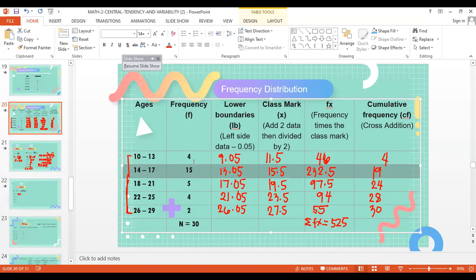So, unsa man to ang number nga before pa sa modal class na to sa lower boundary mo ang kaning 15, no? Dinita magbase 15. So 15 minus 4 is 11. So muna to ang D1, 11. Now 15 minus 5 is 10. So that will be our D2, okay?